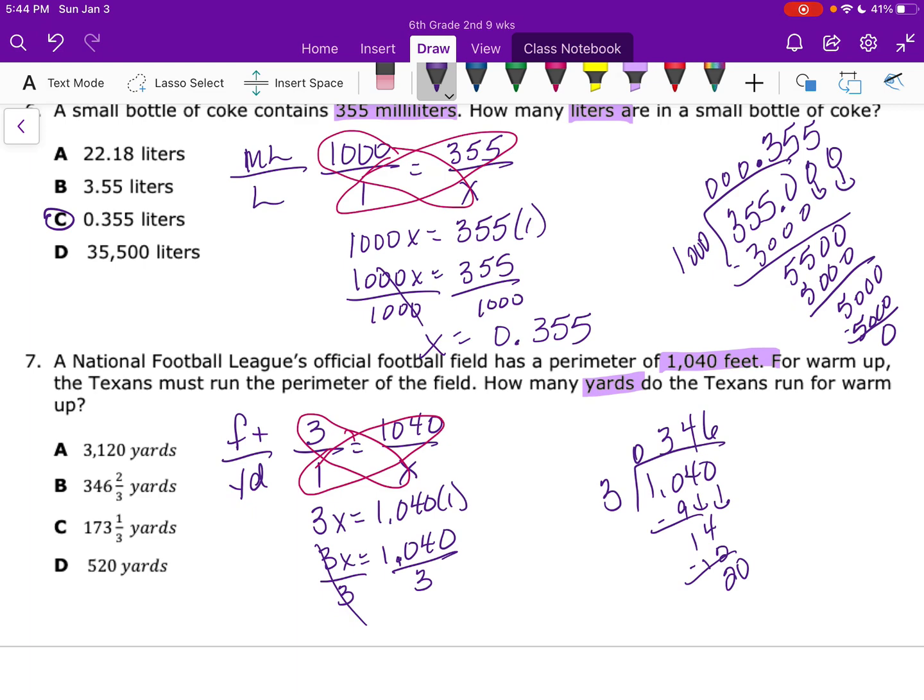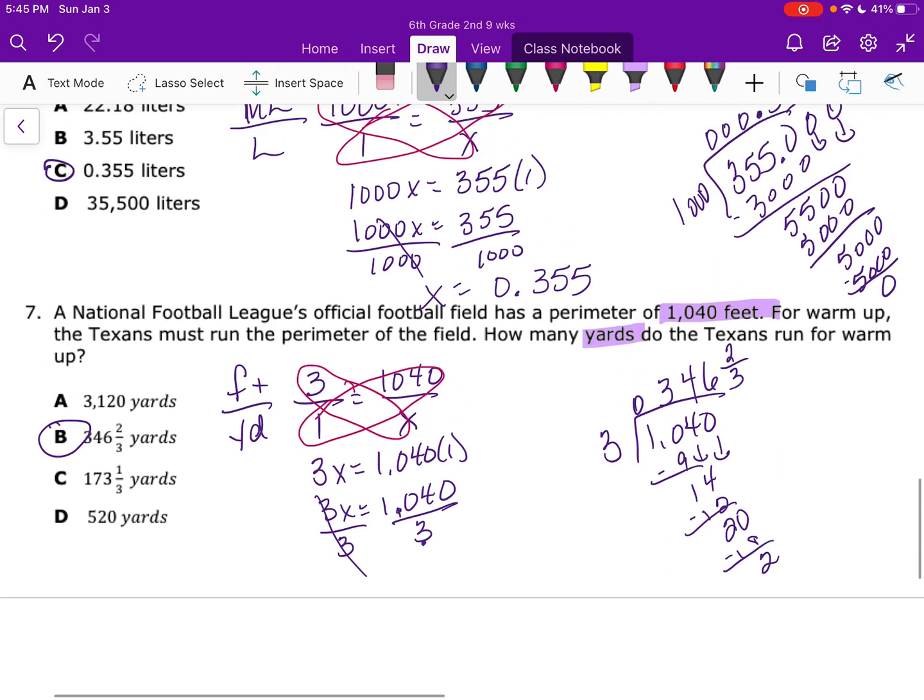Six, right? 6, 12, 18, yep. Okay, so I look at my answer choices and I notice that they're fractions. So my remainder, I'm going to make a fraction. The remainder becomes the numerator, and the 3, what you're dividing by, stays the same as the denominator. So the answer is B.